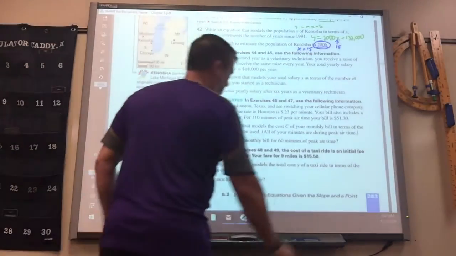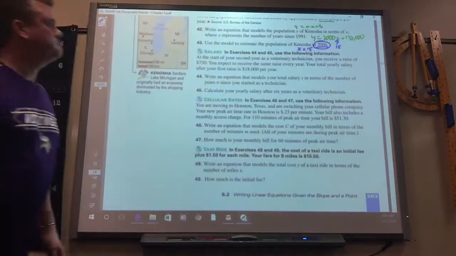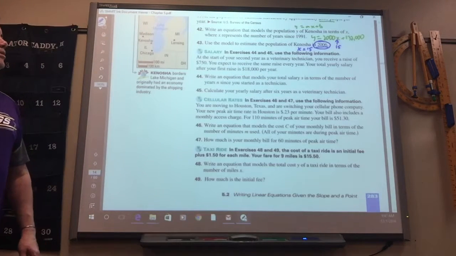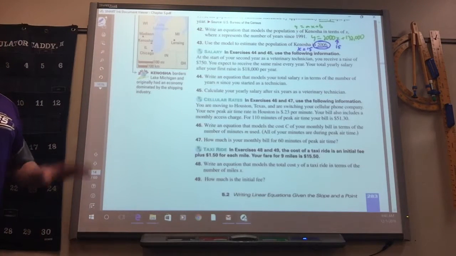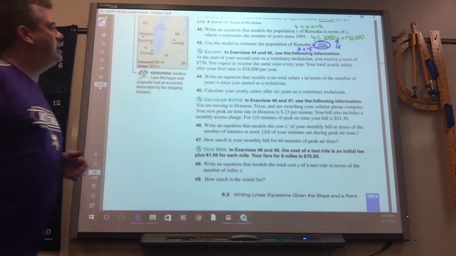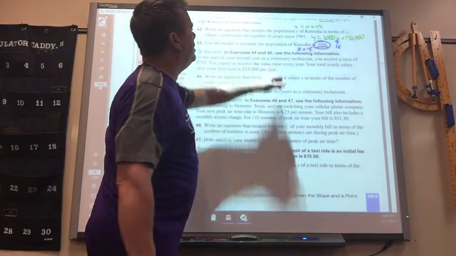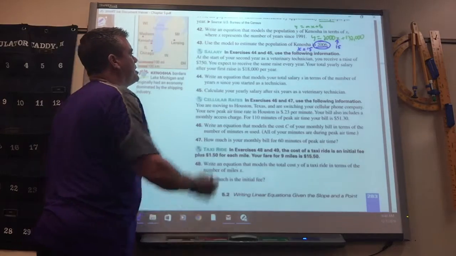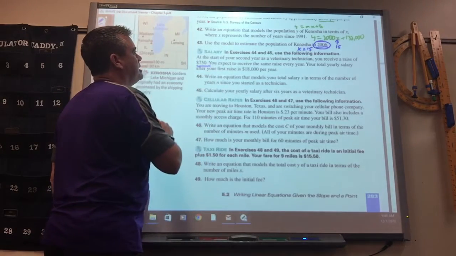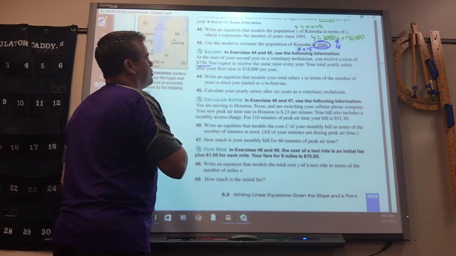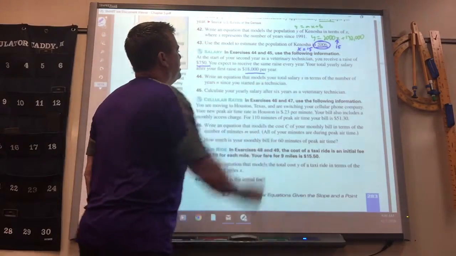Okay, 44. This one has a little trick in it. At the start of your second year as a veterinary technician, you receive a raise of $750. Your total yearly salary after your first raise is $18,000 per year.